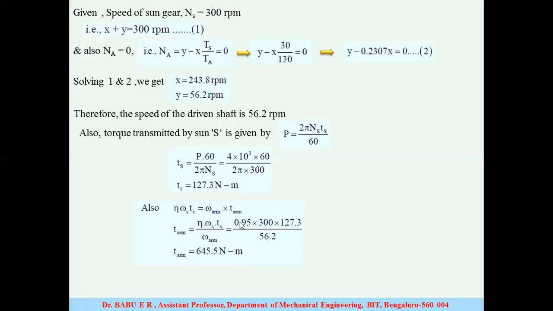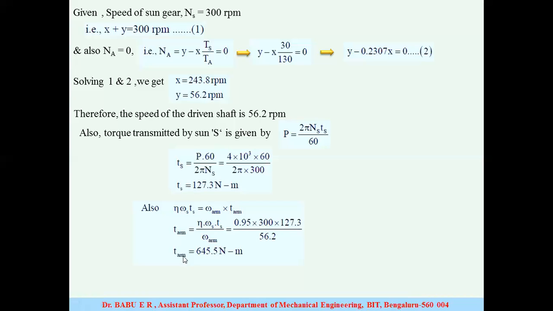Therefore we have to find out the T of the RM. T of the RM equals eta into omega s into Ts by omega of the RM, where efficiency is given as 95%. So 0.95 into the speed of the sun gear, 300 rpm, into the torque of the sun gear, 127.3, divided by the speed of the RM, 56.2 rpm.